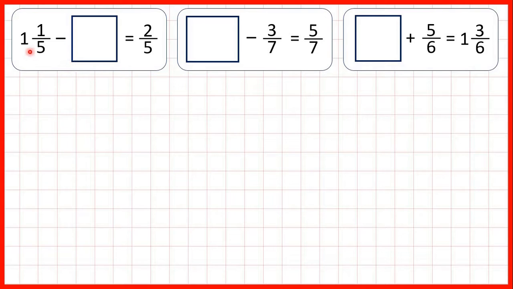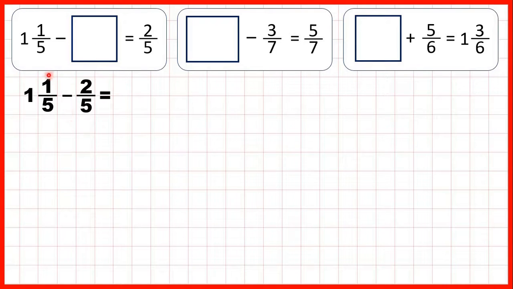So first, 1 and 1/5 minus something equals 2/5. So here it's the second number in our subtraction or the subtrahend that's missing. So when the subtrahend is missing, we still use subtraction to find our missing number. So we need to work out 1 and 1/5 minus 2/5, and that will give us our missing fraction.